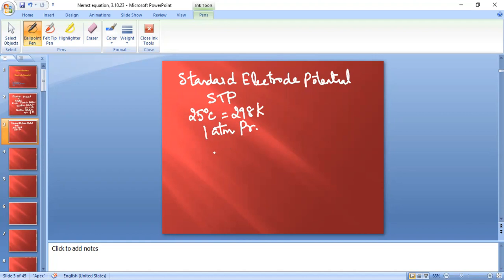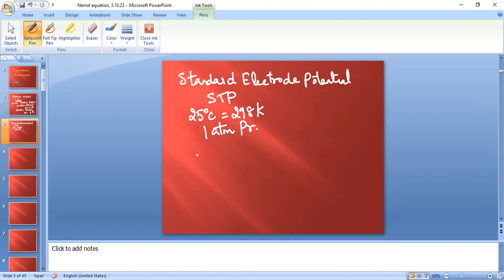Every metal has its own potential. It can be either an oxidation potential or a reduction potential. When it has oxidation potential, it has a tendency to lose electrons. When it has reduction potential, the same metal has the capacity to accept or gain one or more electrons.